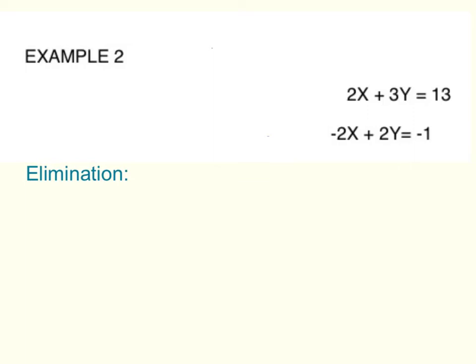Let's see, do we have to change any of the numbers? No, I have a positive 2 and a negative 2 on the x's, so we can eliminate those by adding. So let's add these two equations together. 2x plus negative 2x cancels out and it gives us 0. 3y plus positive 2y is 5y equals 13 plus a negative 1 is 12.